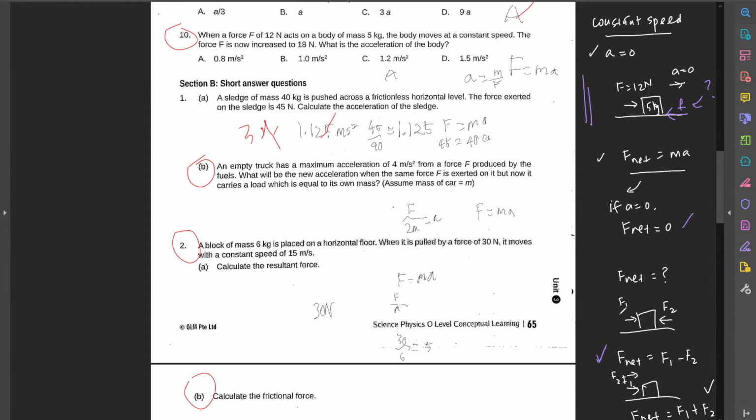One force minus the other force, so resultant force is zero. So force minus force equals to mass times acceleration. So 12 minus F is 0. So F is 12 newtons. So this is 12 newtons. So this is what I get from the first sentence.